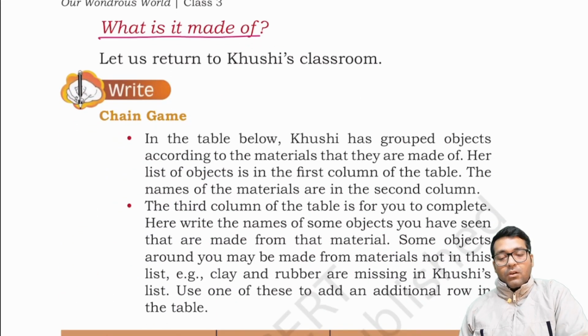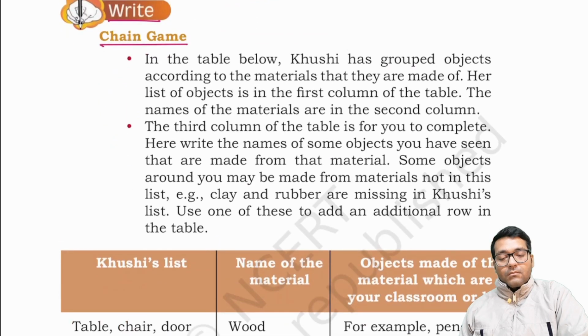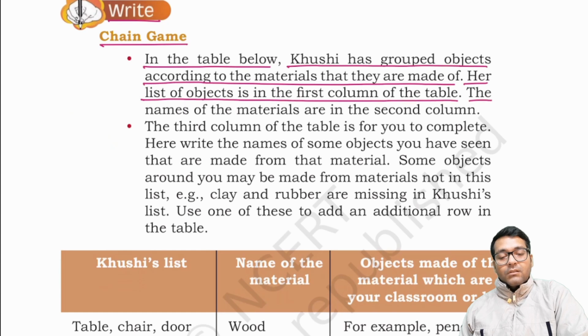What is it made of? Let us return to Khushi's classroom. Chain game. In the table below, Khushi has grouped objects according to the materials that they are made of. Her list of objects is in the first column of the table. The names of the materials are in the second column.